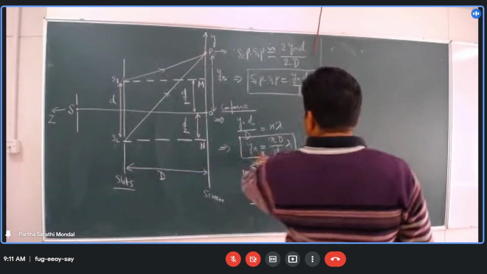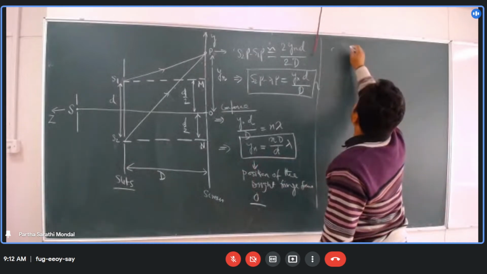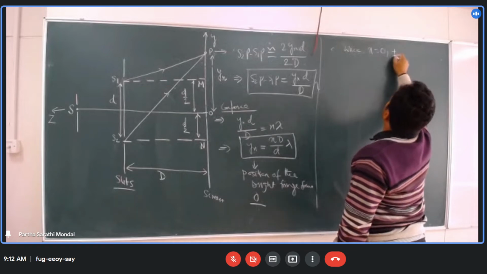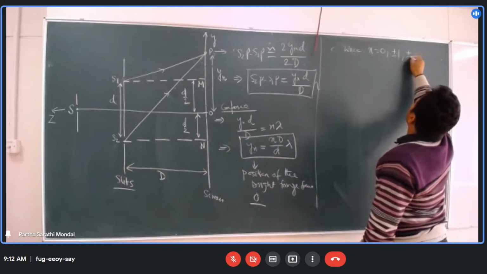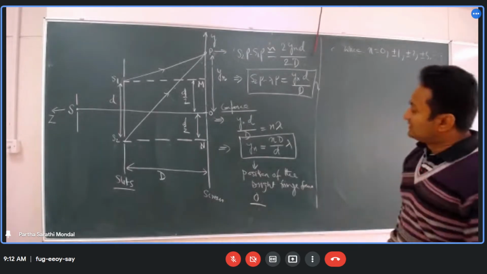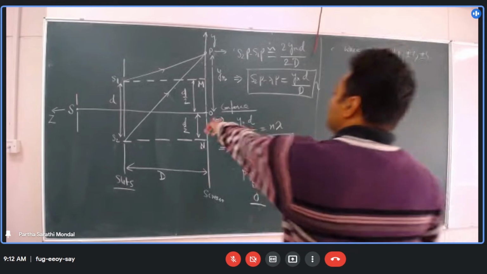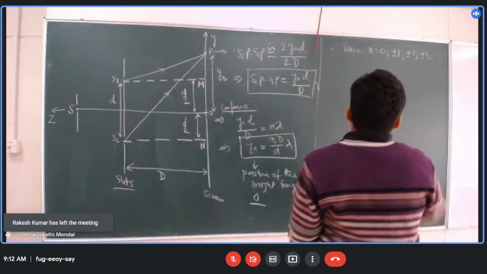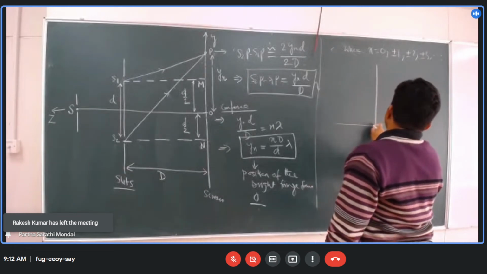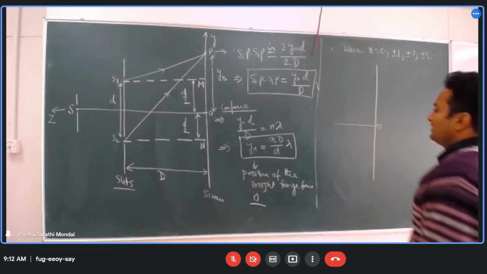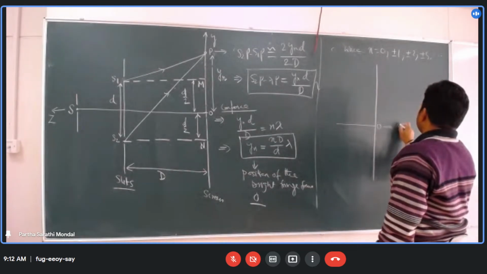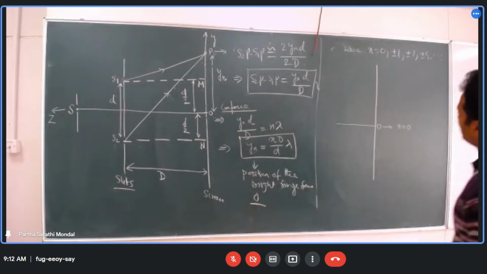So this means where n equal to 0, plus minus 1, plus minus 2, plus minus 3, like that. So what is the meaning of that? Suppose this is the screen and this is the central point O. Here it is n equal to 0.